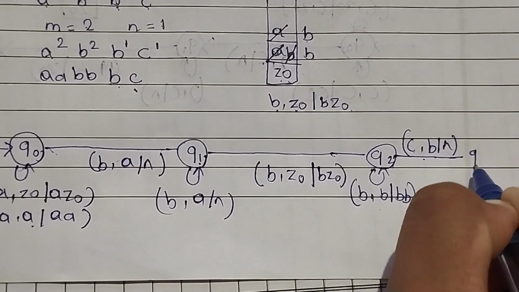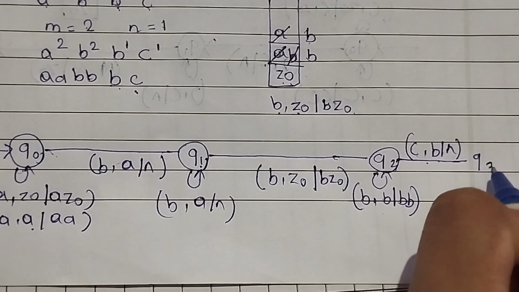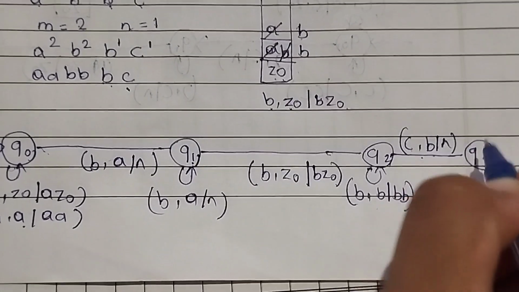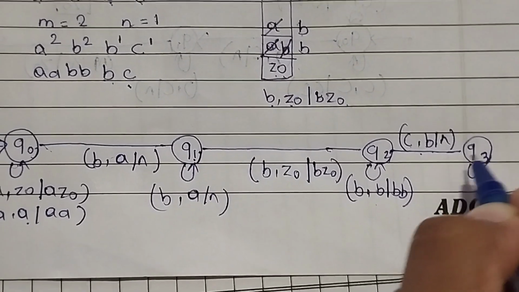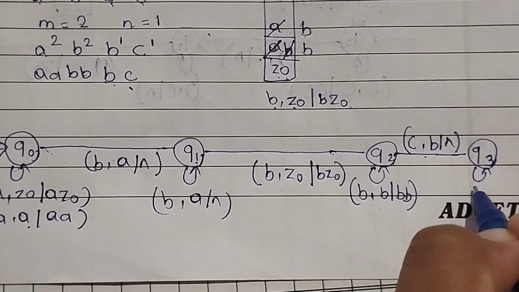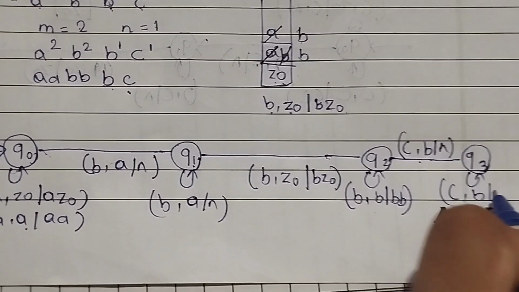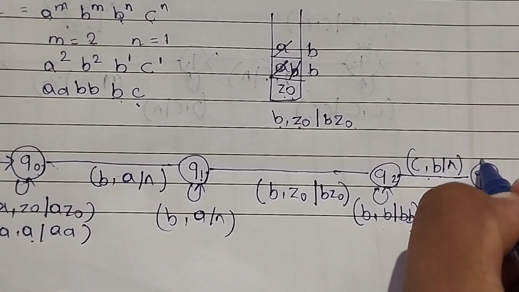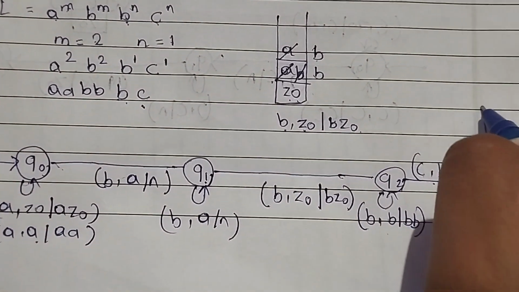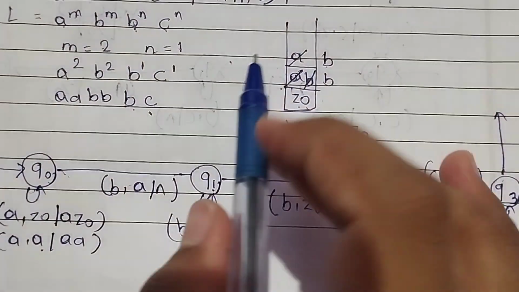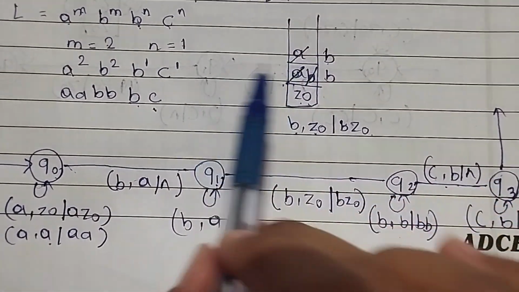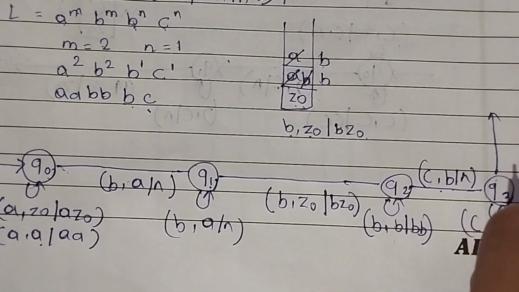Now in the Q3 state, again all the things are as they are. If a number of C's came, and B is already present, C came, then pop the things, and now at the last, here we see all the variables are popped and the stack is empty.